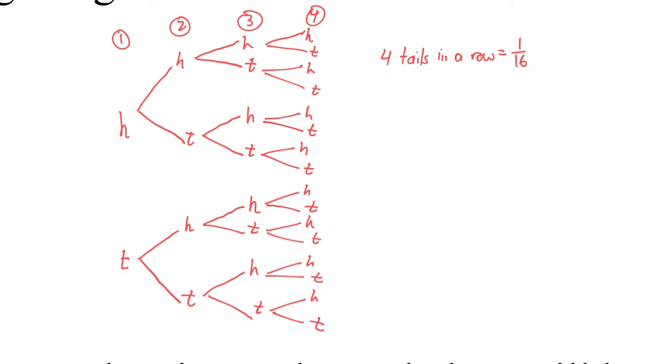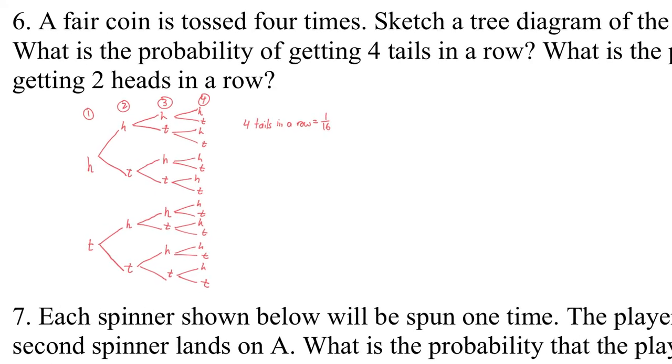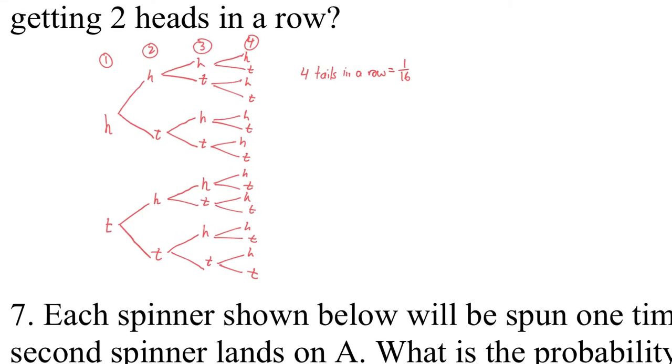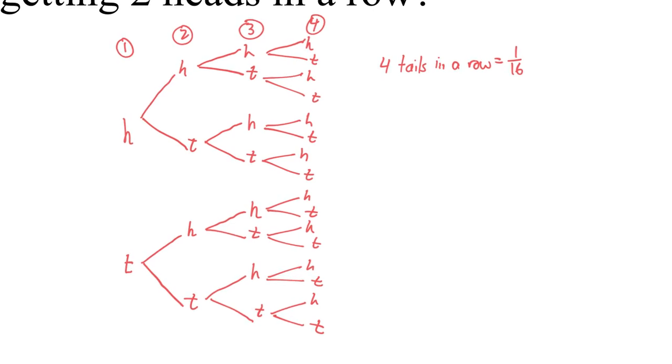Okay, so there's that. And then what's the probability of getting two heads in a row? Well, how many times did 2 heads happen in a row? I'll count them in blue. Well, it happened right here. So that's one time. It happened right here, that's the second time.